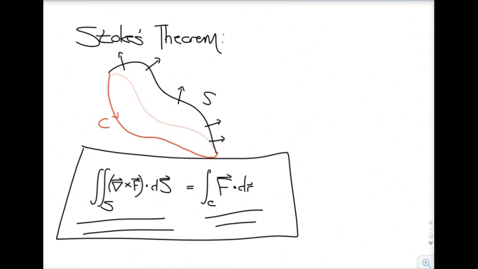That's it. So in our examples, which we'll look at in just a minute, we'll find the left-hand side by calculating the right-hand side, or we'll find the right-hand side by calculating the left-hand side. Sometimes one side is easier to do than another side. That's a good reason to use Stokes' theorem.